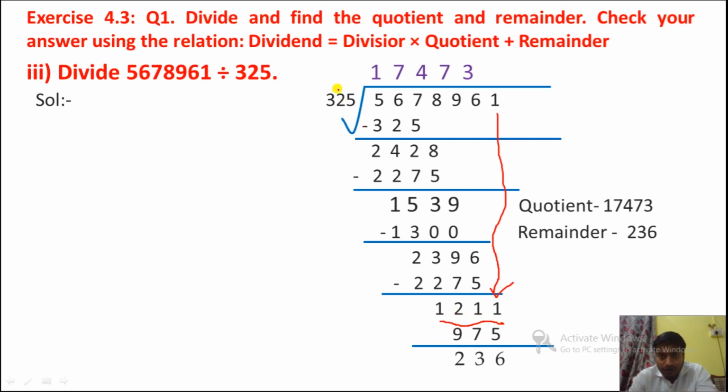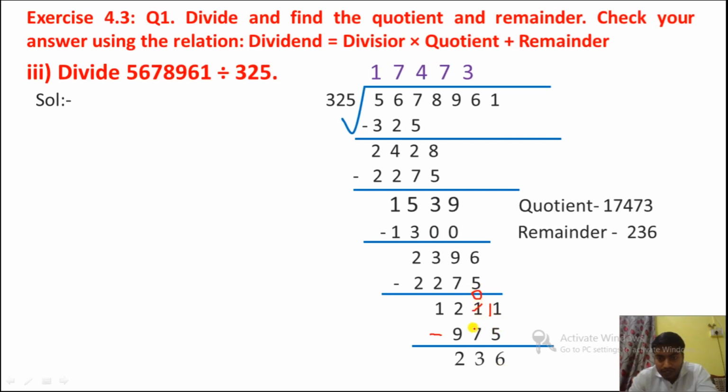Now we have to divide 1211 by this 325. How many times will it go? 3 times. When we multiply 325 by 3, we'll get 975. Now we have to subtract. 1 is less than 5, so this will take borrow from this one, so this will become 11 and this will become 0. Now 11 minus 5 is 6.